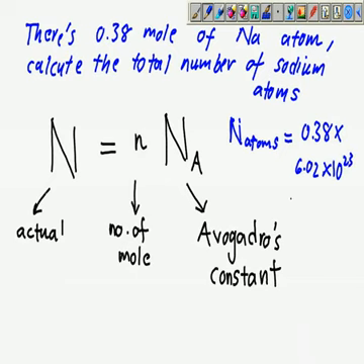Alright, so you should be able to get a value of 2.29 times 10 power 23 sodium atoms. You can draw a graphic like this to help to aid you in your study. Alright.